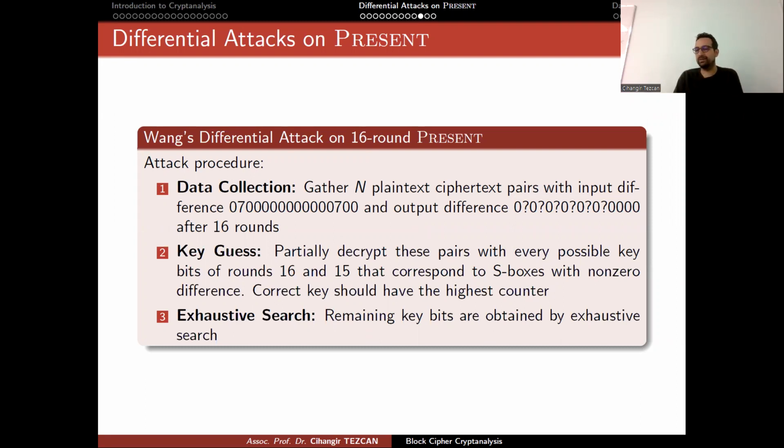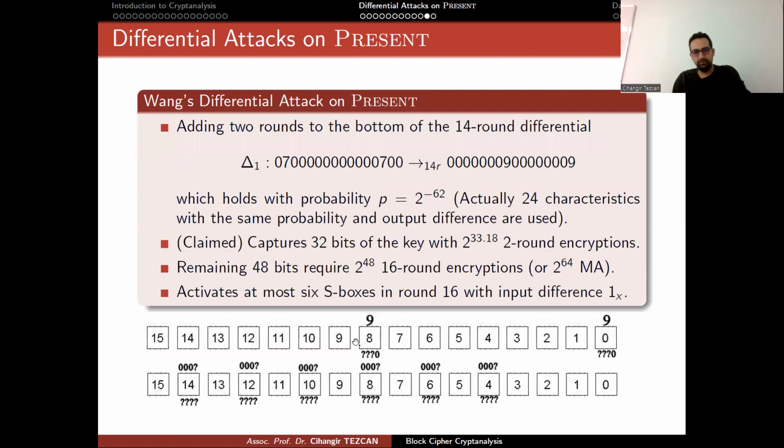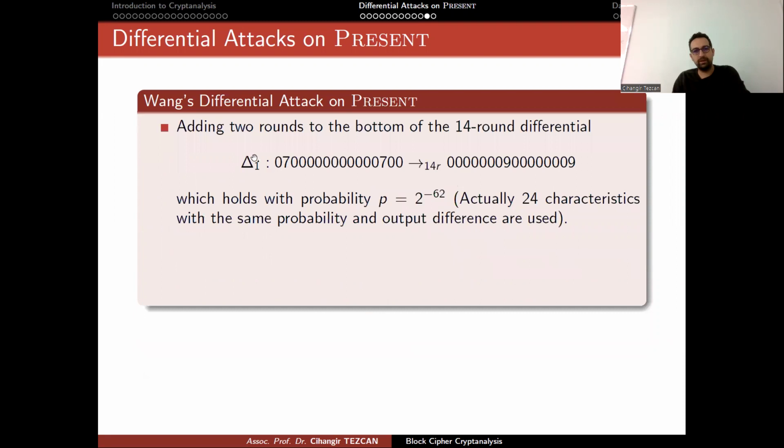But in practice, it doesn't work like this. You cannot capture all of the 40 bits, but this is a very technical detail. I will briefly mention it here. To summarize, adding 2 rounds to the bottom of the 14-round differential, which holds with probability 2 to the minus 64. And actually, this is only a single characteristic.